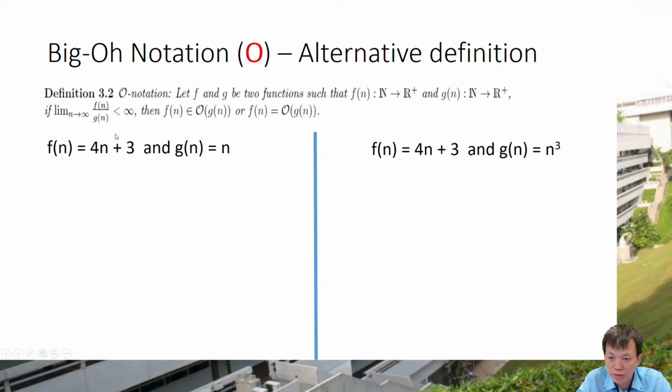For the example I give here, I already corrected the typo. It should be 4n plus 3. f(n) is 4n plus 3 over g(n) is n. So you take the limit, and not surprisingly it is equal to 4. I hope you know how to find the limit.